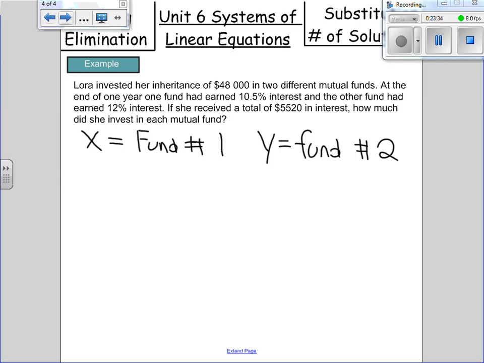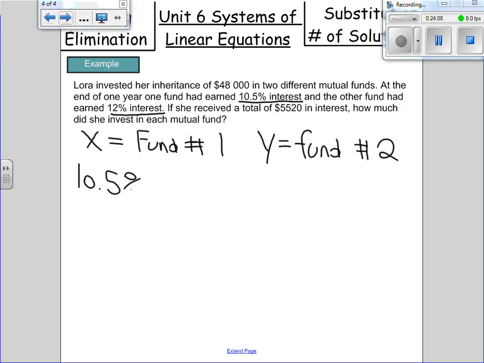Yeah. But the problem is with interest rates. There's a trick to this. Interest rates you represent as decimals. So, if you earn 10.5%, you would represent it as 1.105.